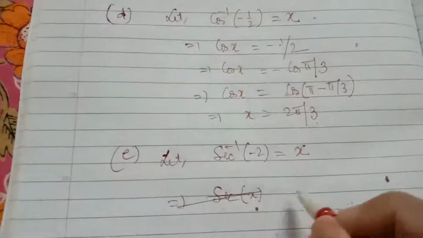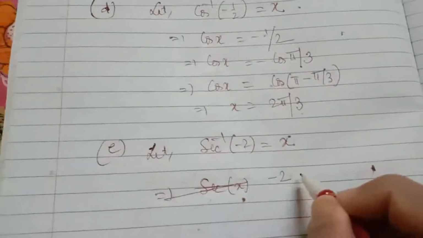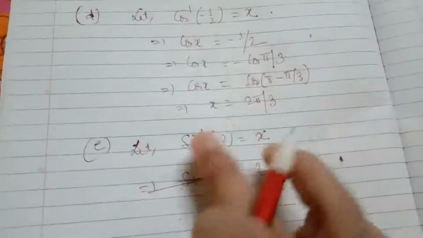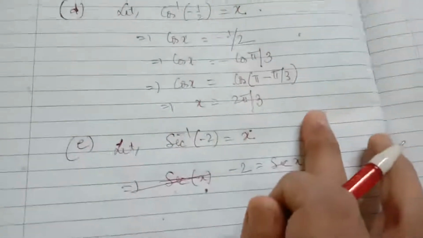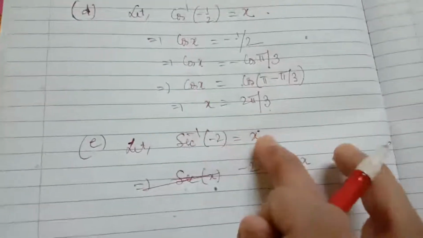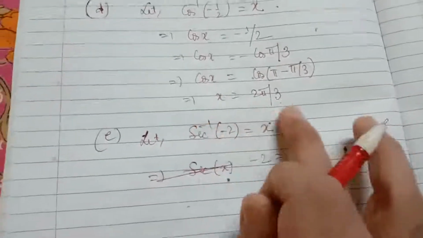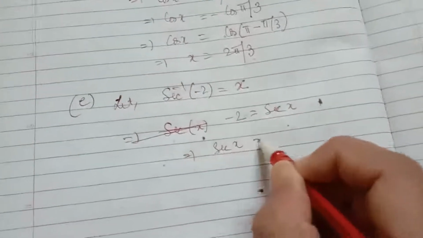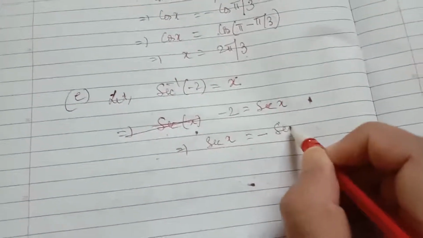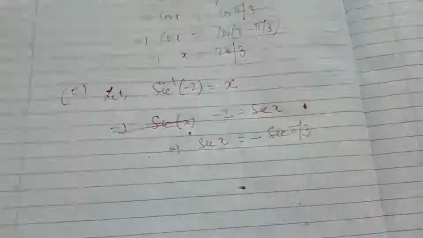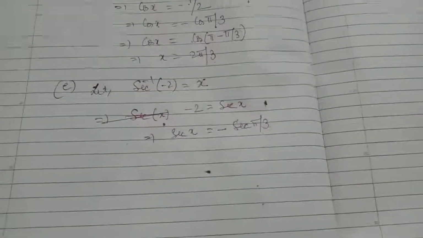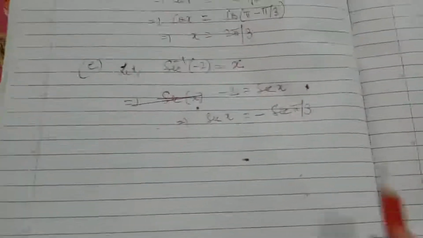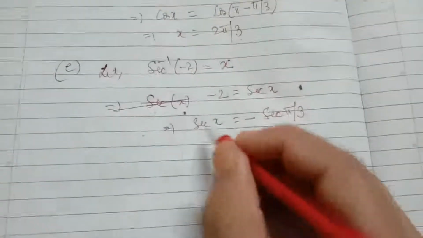Bringing sec inverse to this side, minus 2 equal to sec of x. Sec of x equal to minus of 2, minus of sec of pi by 3. Sec pi by 3 is 2. So minus of 2 equal to minus sec pi by 3.